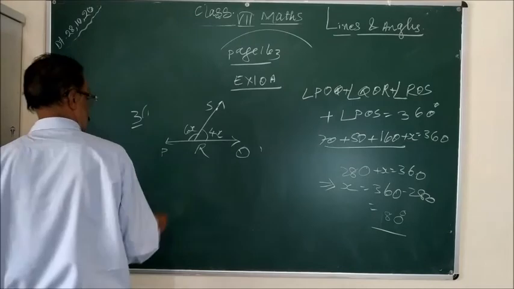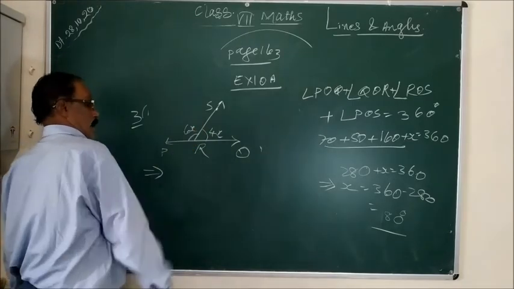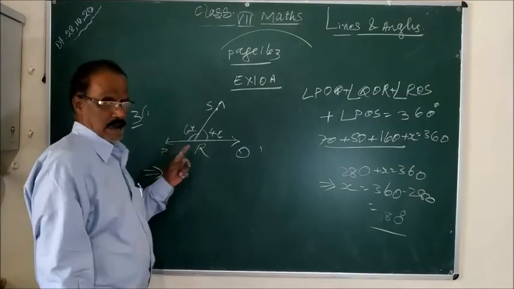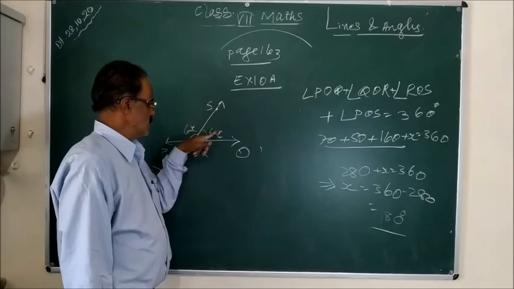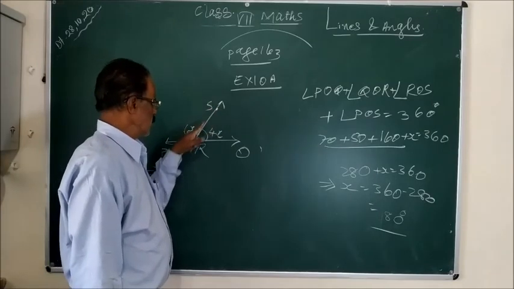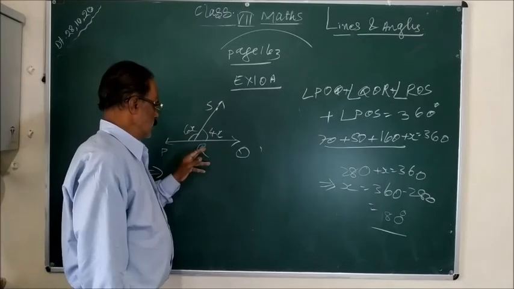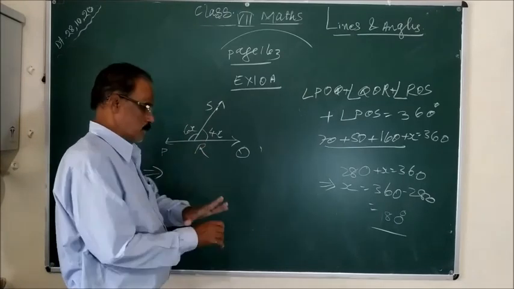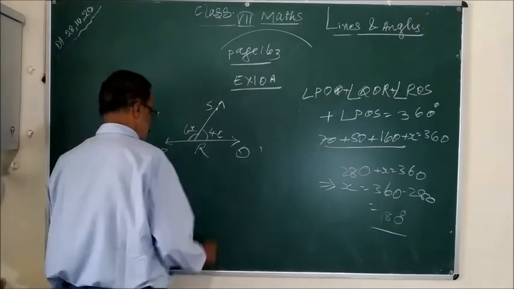X का value निकालना है. What kind of angle form here? Here, angle form is linear pair because the angles have one common arm, and RQ and RP are opposite rays, and therefore these are linear pair.